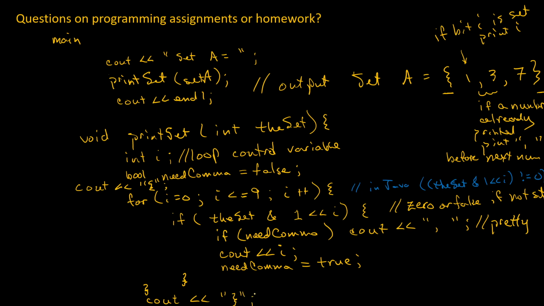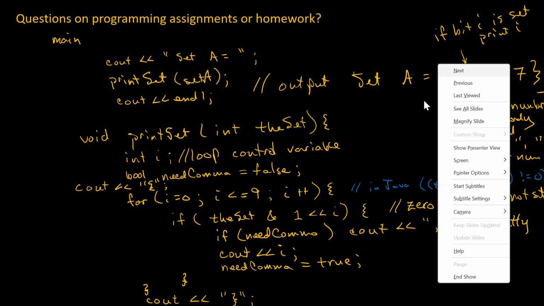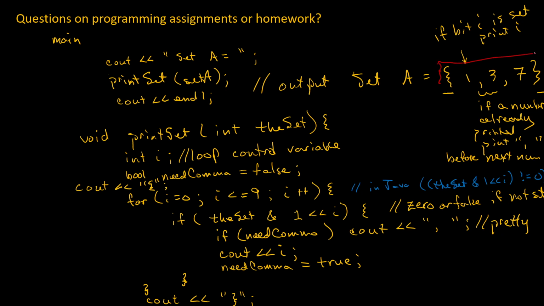And that is all I want my function to do. I just want it to print. The only thing I want print set to do is this part. I don't want it to do anything other than print the set. If I want to label it with something or anything else, I can do that elsewhere. But here, I just want it to print the set.